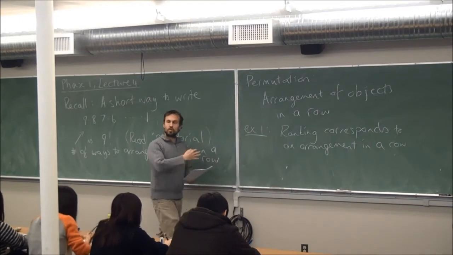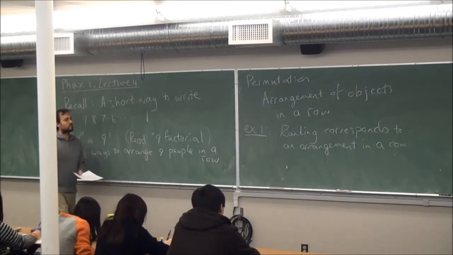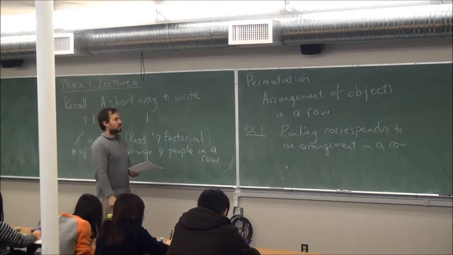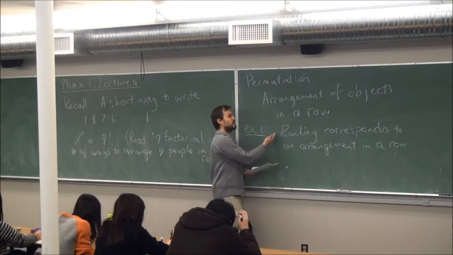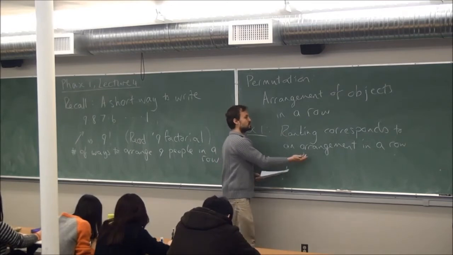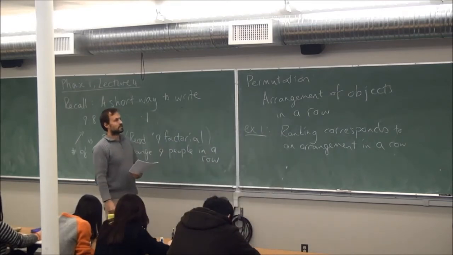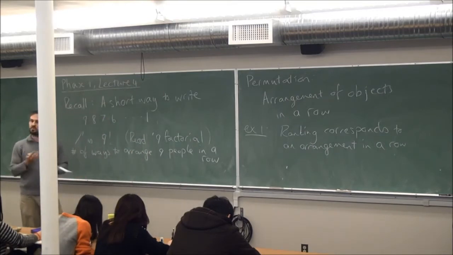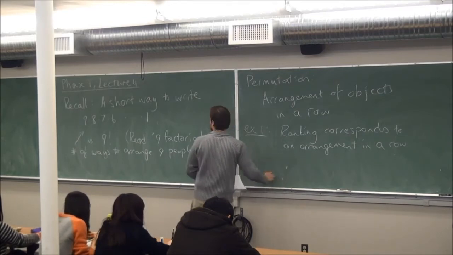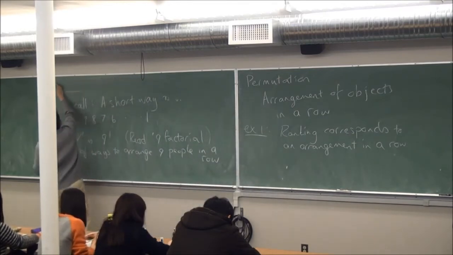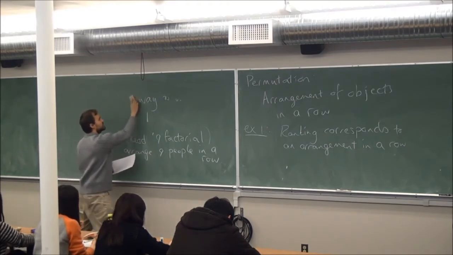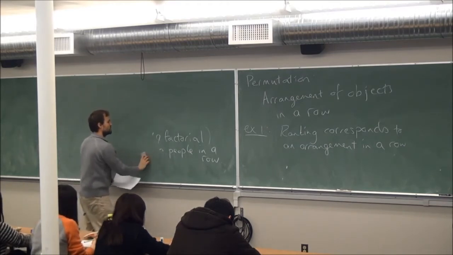So for every way I can arrange the 10 people in a row, that gives me a ranking, let's say from left to right. So if I'm trying to count the number of ways that I can rank these people, I'm really just counting the number of ways that I can arrange them in a row. These things are equivalent. So let's do it over here. So how many ways can I arrange 10 people in a row?